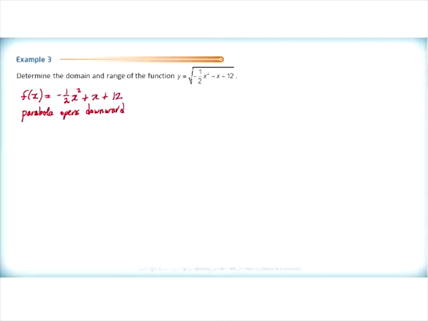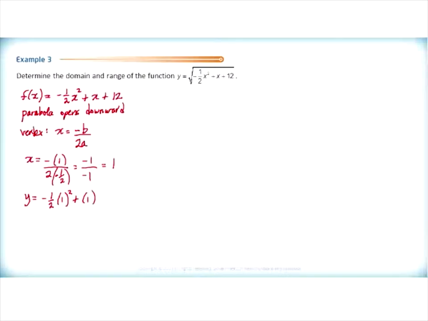So the first thing we can do then is determine the coordinates of the vertex by using the formula x equals negative b over 2a. Here we have x equals negative, b is 1, all divided by 2 times negative 1/2. That's negative 1 divided by negative 1, so the x-coordinate of your vertex here is 1. The y-coordinate can be found by substituting in 1 for x into the original equation.